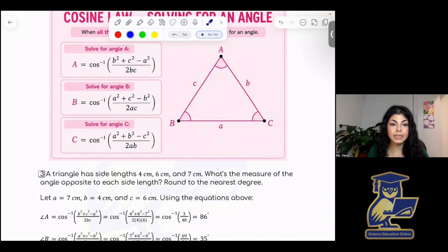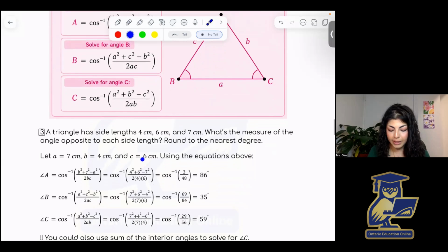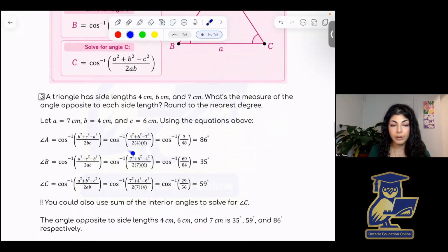And for b and c, it doesn't matter which one you use in the order, but because I have defined them, I followed the same order there because b was 4, then you see 4 squared here where b squared was. Substituting those values, I get cosine inverse of 3 over 48, which is 86 degrees.